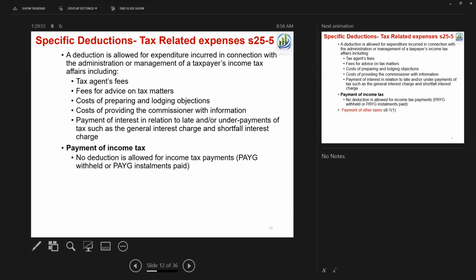For example, your employee's salary is $1,000 and you pay that employee only $800. Maybe $200 you are taking as PAYG to the ATO. So $800 you give to that employee, $200 you give to the ATO. The total $1,000 is included in your wages. Your wages will be gross wages, not net wages, right?